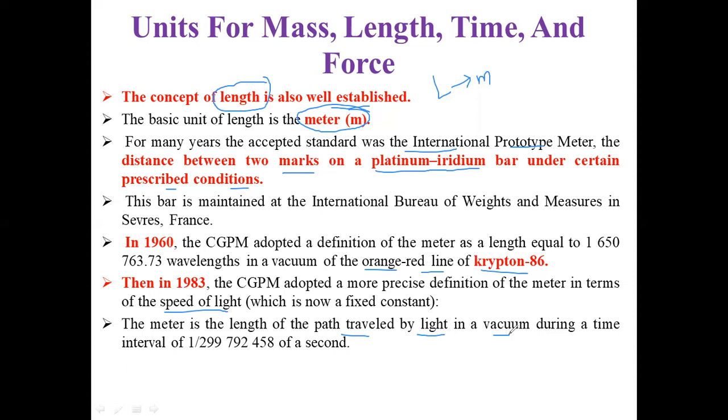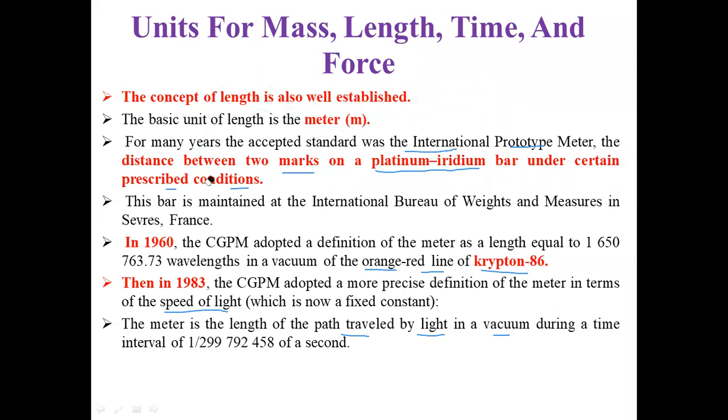So this is the precise definition adopted by the CGPM in 1983. Okay, friends, this is all about length. Now we will move towards the next topic. I think this is clear to all of you.